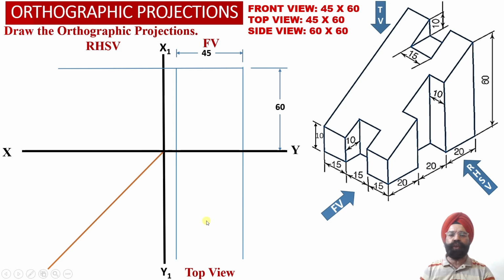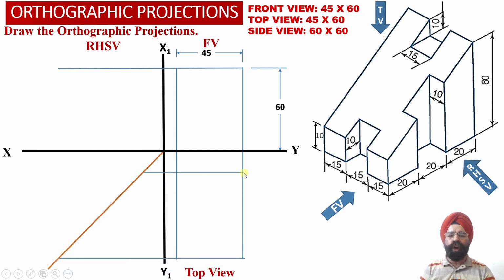Now let us proceed to evaluate the top view orthographic face of the solid. So we know that into the top view orthographic projections, the width is equal to 45 millimeter, which we have already obtained, and now the depth of the solid equal to 60 millimeter we need to obtain into the top view projections over here.